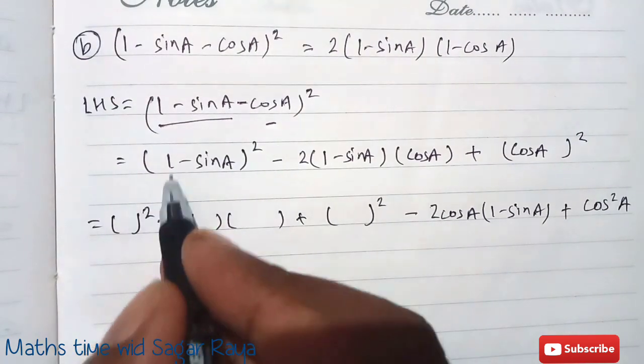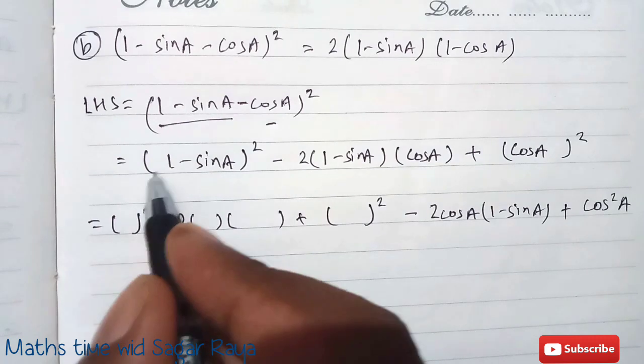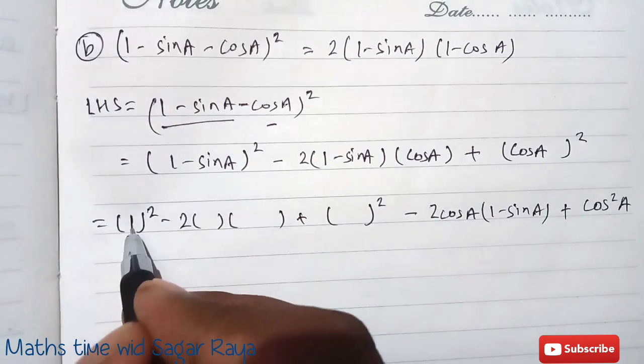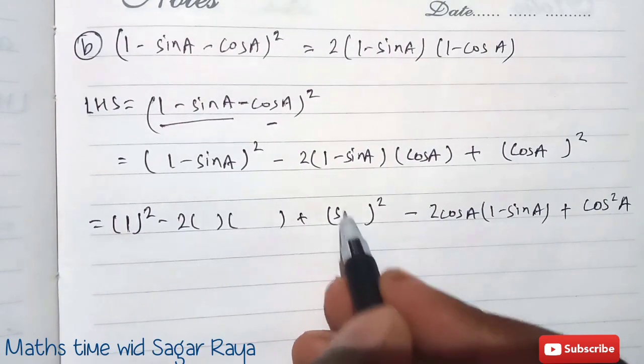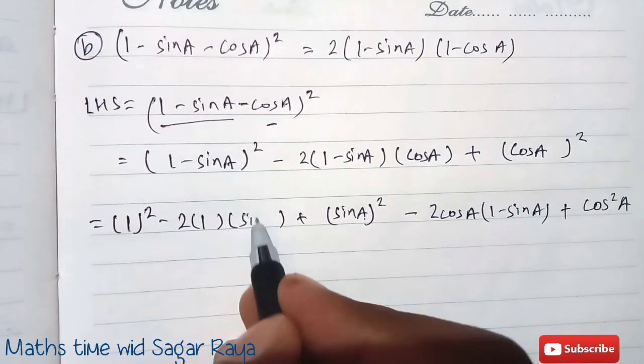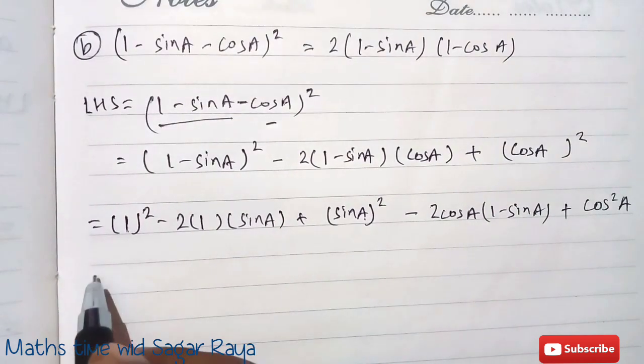Now for (1 - sin a) whole square, instead of a I have to write 1, instead of b I have to write sin a.